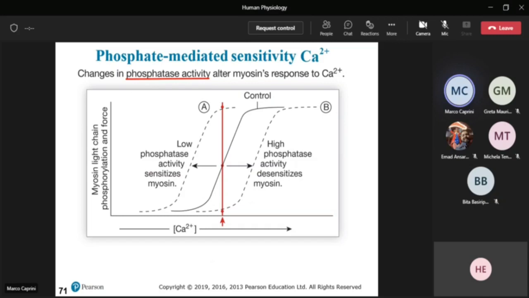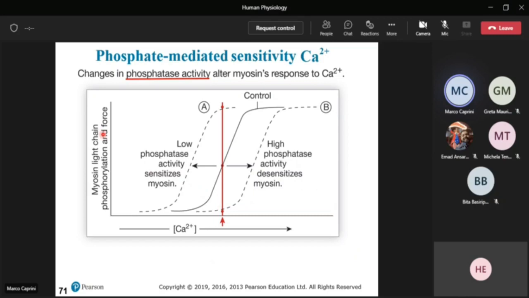Physiologically, the phosphatase activity is always present. Okay, so the real activity of the phosphatase is really important because you can increase the kinase activity by the calcium concentration inside, but the lower level of phosphatase activity is always higher in the cells.